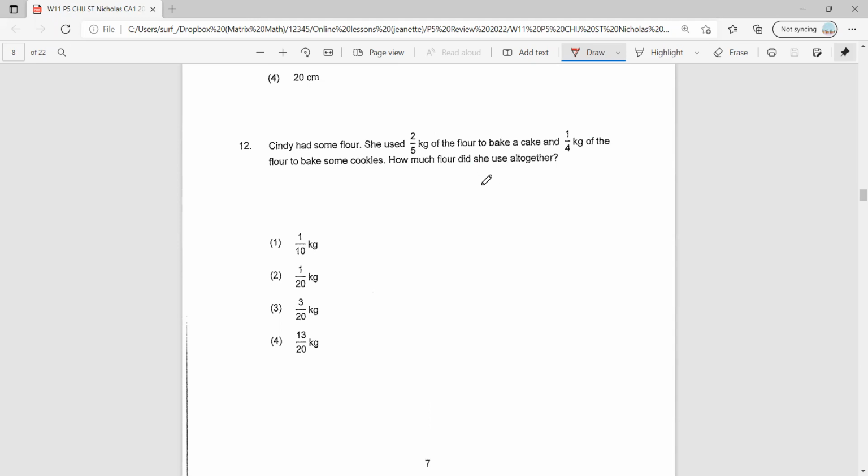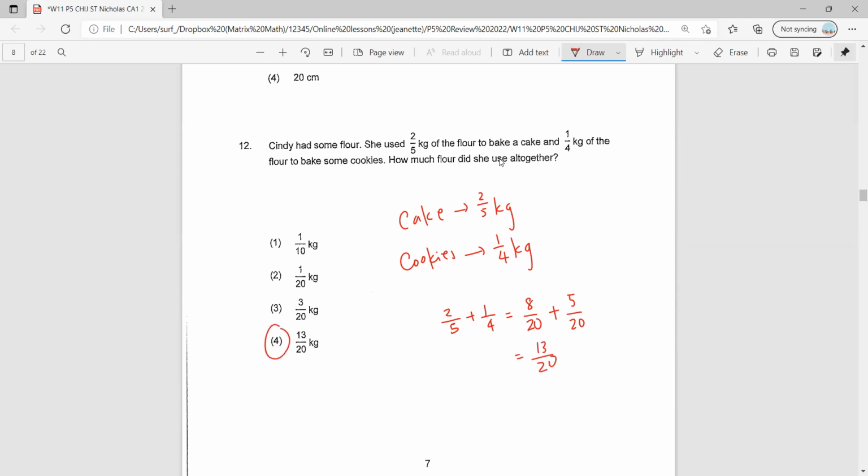Cindy had some flour. She used 2 kg to bake a cake. Then 1/4 kg to bake some cookies. How much did she use? So add them up. Common multiple is 20. So you times 4 to the first one, so it's 8/20. Then the second one you times 5, right? So it's 5/20. So answer 13/24.